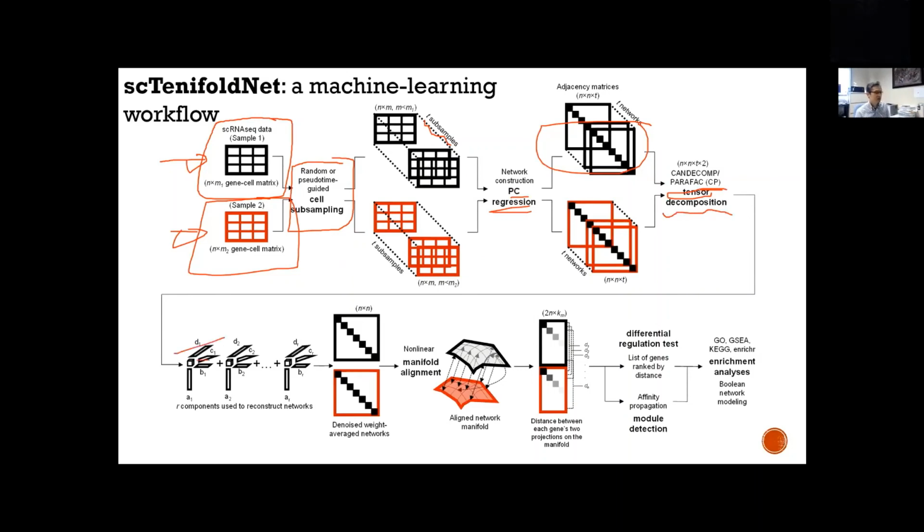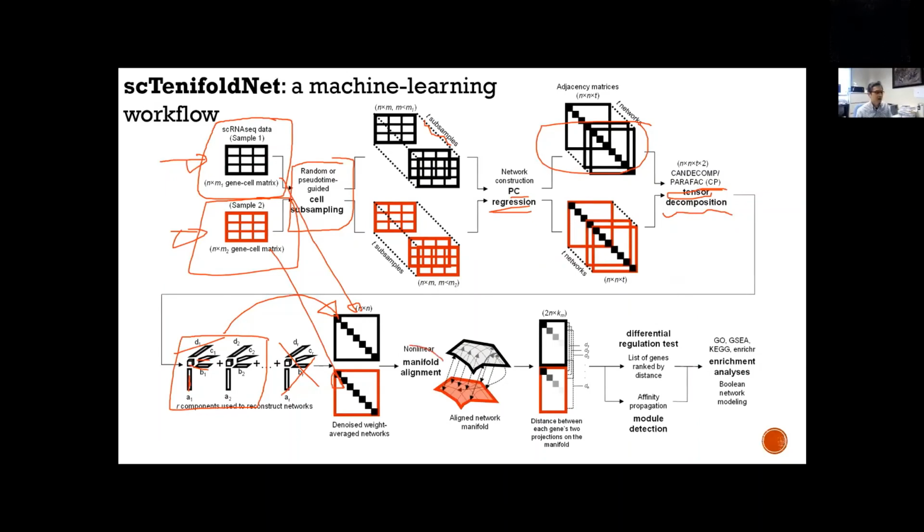Then you select the top components and get rid of the least important ones to reconstruct the network. The purpose of this is that there is a lot of noise in there. But after that, we receive two networks, one from sample 1, one from sample 2. They are denoised regulatory networks.